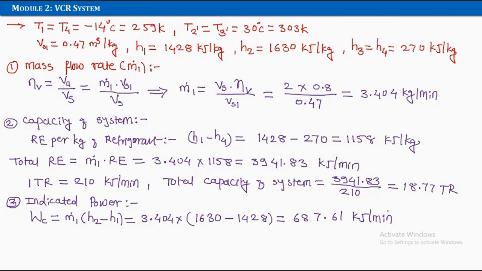Some amount of energy is required to cool the compressor. So that is the heat rejected to the compressor cooling water.